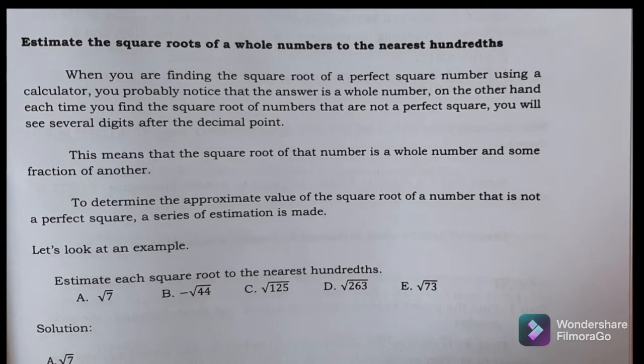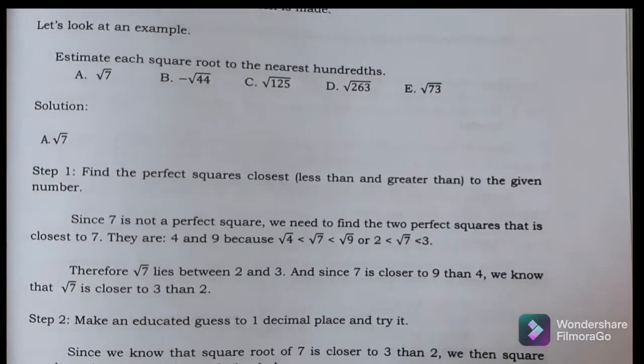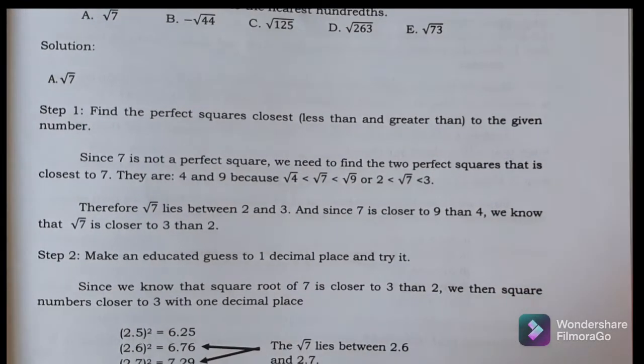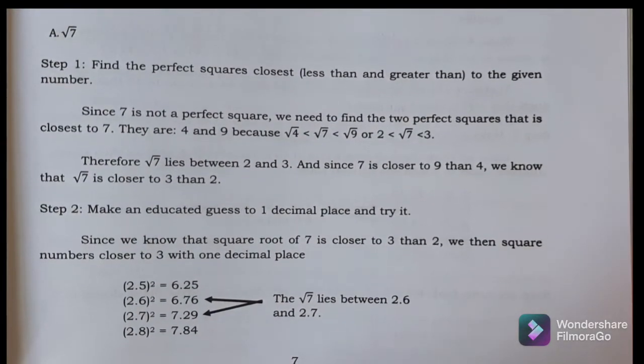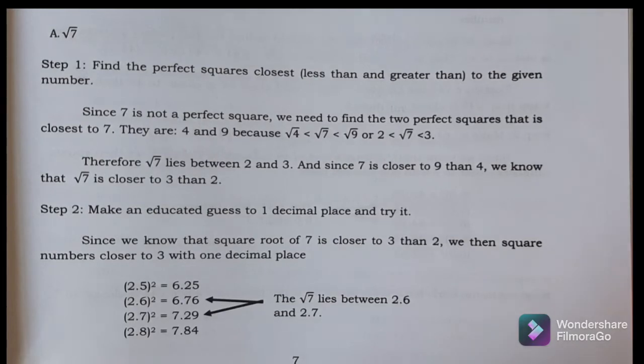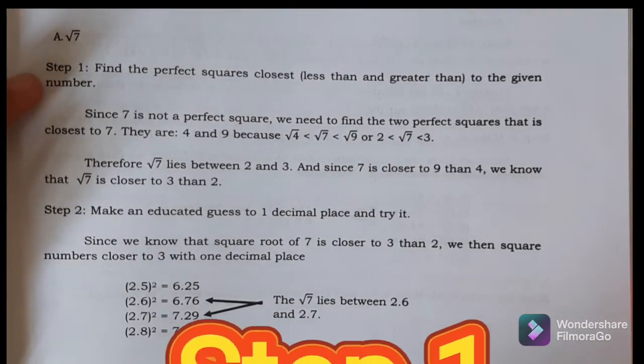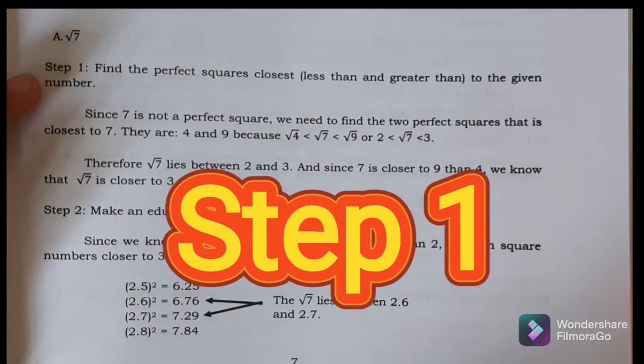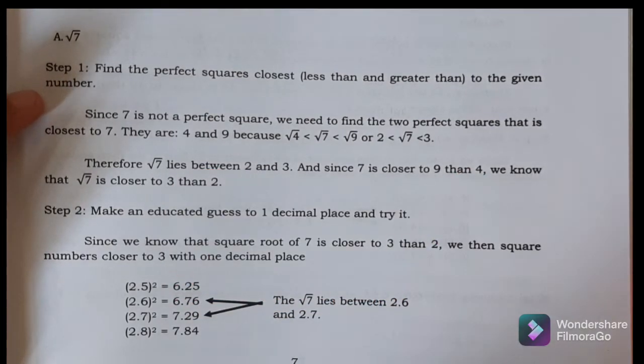Now, to determine the approximate value of the square root of a number that is not a perfect square, a series of estimation is made. How is that? Let us answer the first one, which is the square root of 7. Paano natin mahanap ang kanyang square root? For step 1, hanapin daw yung mga perfect squares na closest.